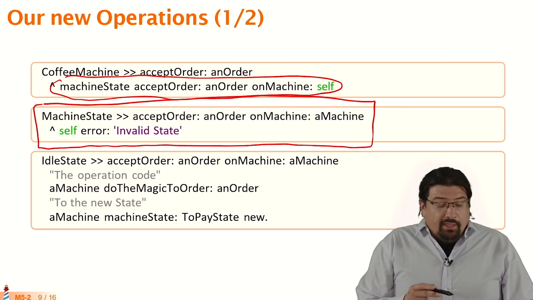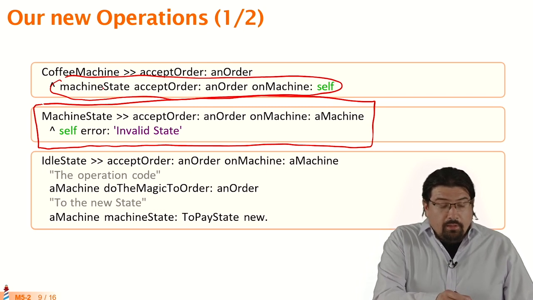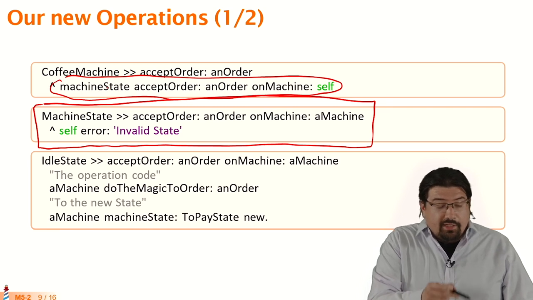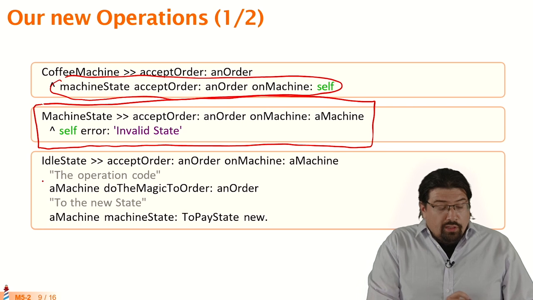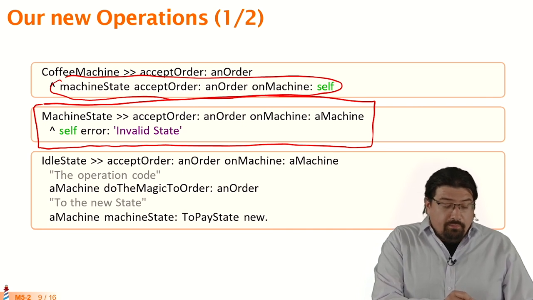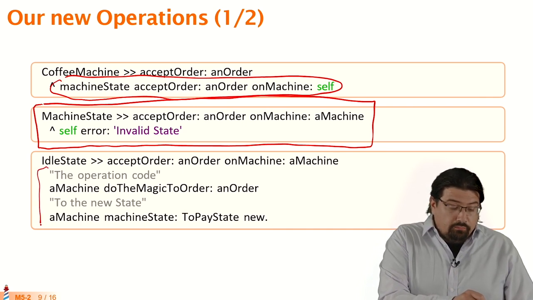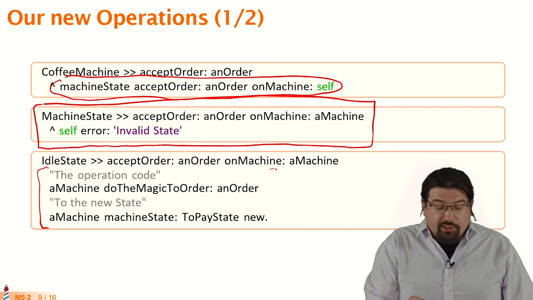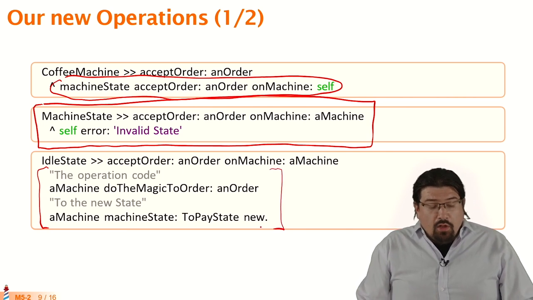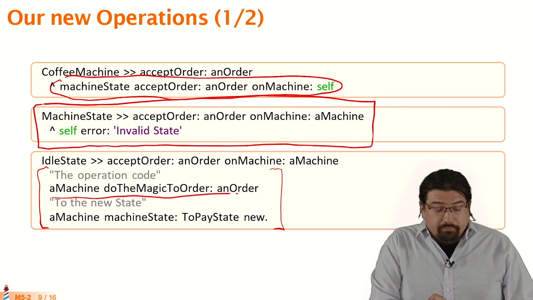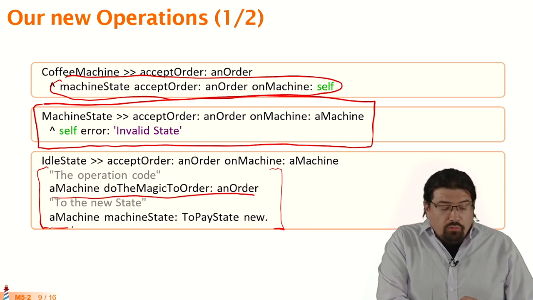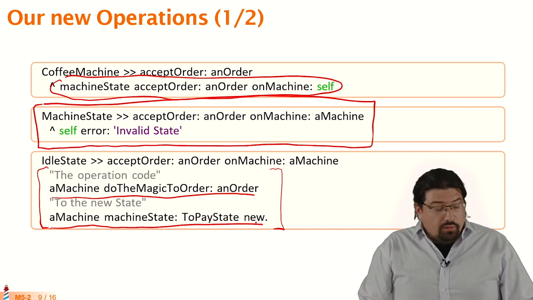When we are in the idle state, the machine will send the message acceptOrder. We are going to do the lookup and find the correct method, and the code in the idle state class will execute, perform the operation, and change to the new state.